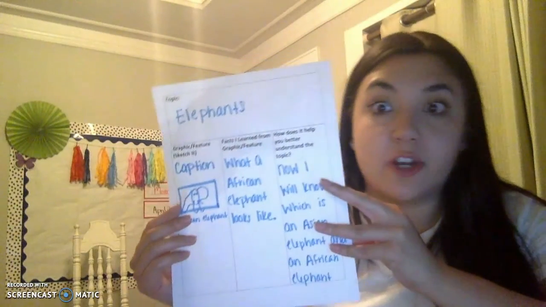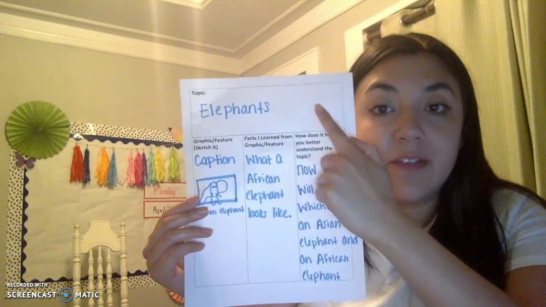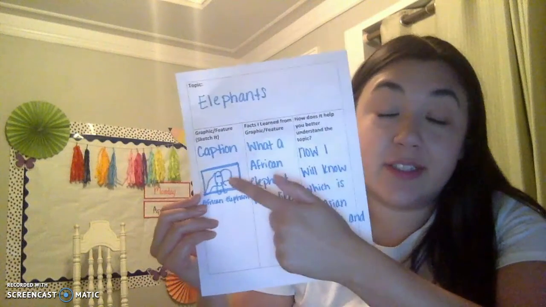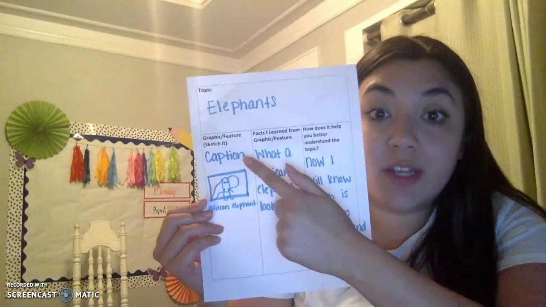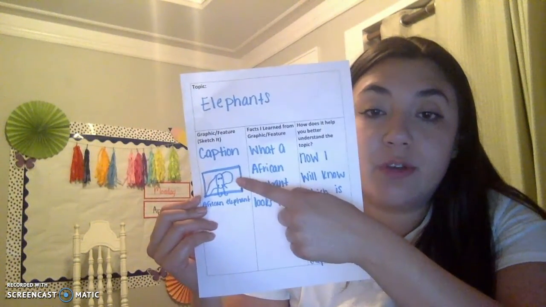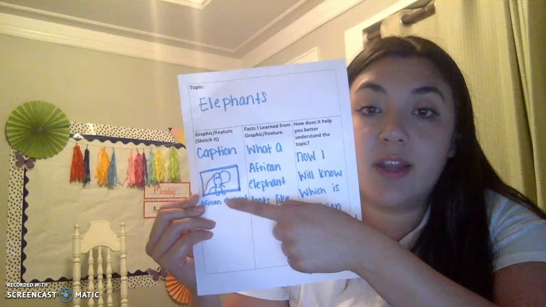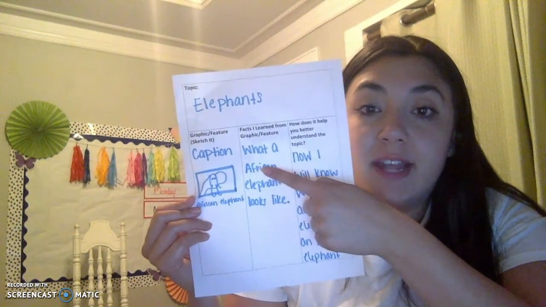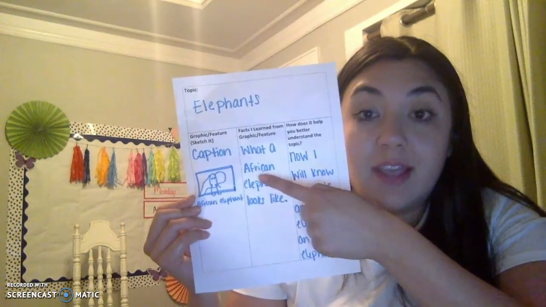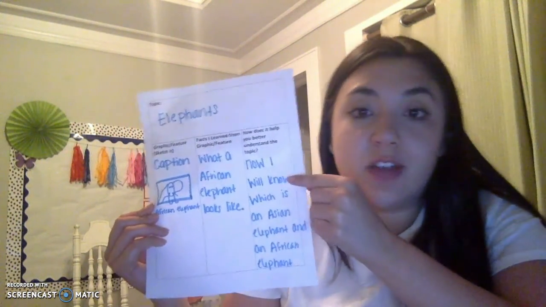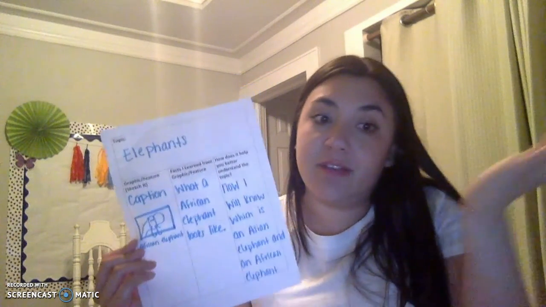So now Miss Nava has filled in her whole chart. My topic was elephants. The feature I decided to write about was captions. So I drew the picture and then the caption. I said facts I learned. I said I learned what an African elephant looks like. And it helped me understand the topic because now I know which is an Asian elephant and which is an African elephant.